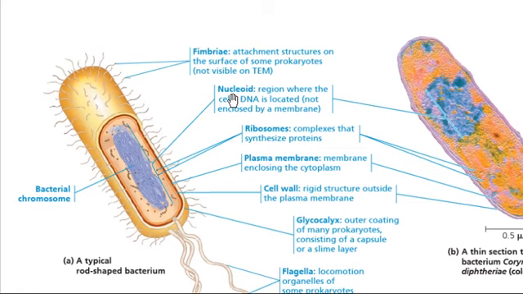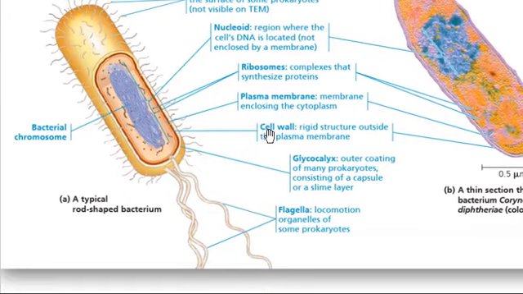They have a nucleoid, which is an area reserved for genetic material. Of course, they have ribosomes, which are universal organelles, the protein workbenches, the protein factories, which are responsible for the translation of messenger RNA into proteins, and a cell membrane or plasma membrane which surrounds the cell, which is a selective barrier.